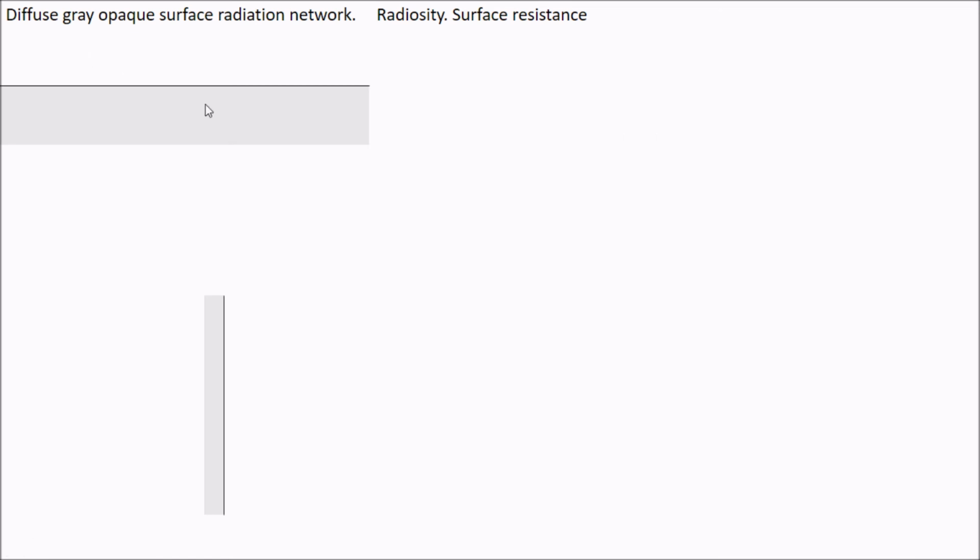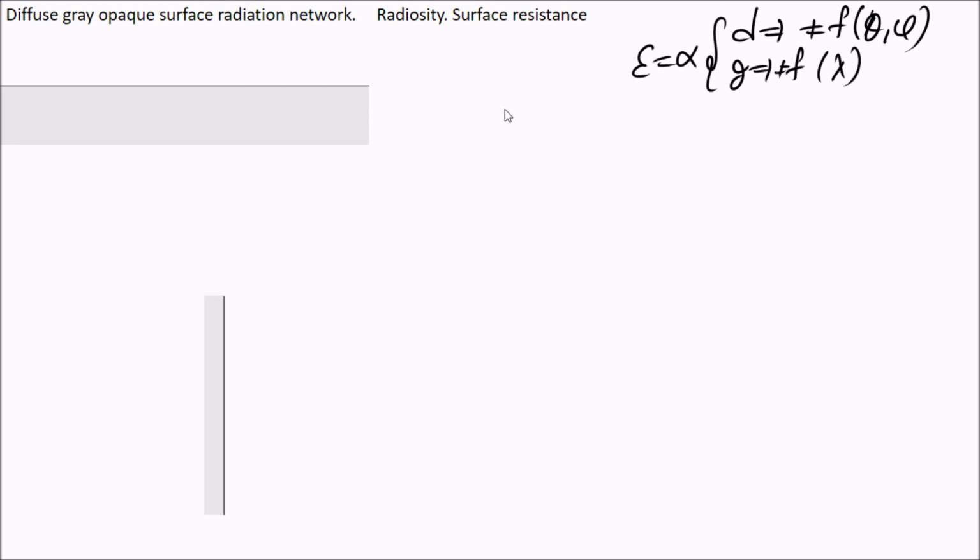So we will now look at the diffuse gray opaque surface radiation network. We have said that if the surface is diffuse, then its properties are not dependent on the direction, and if it is gray, the properties are not dependent on the wavelength, and if they appear at the same time, then epsilon is the same as alpha. And if it is opaque, then tau is 0.